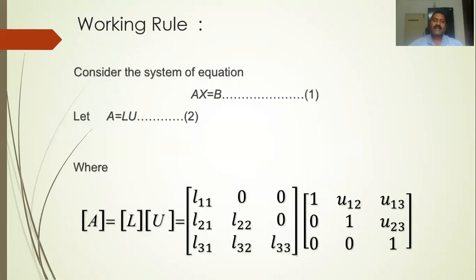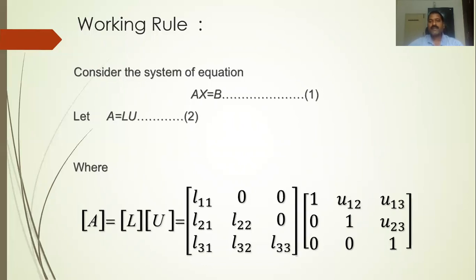There are many methods, and the factorization is not unique. Different methods use different strategies. The method I'm choosing here is to take the diagonal elements of the upper triangular matrix as 1. Nothing wrong, you can take the diagonal elements of the lower triangular matrix as 1 also.